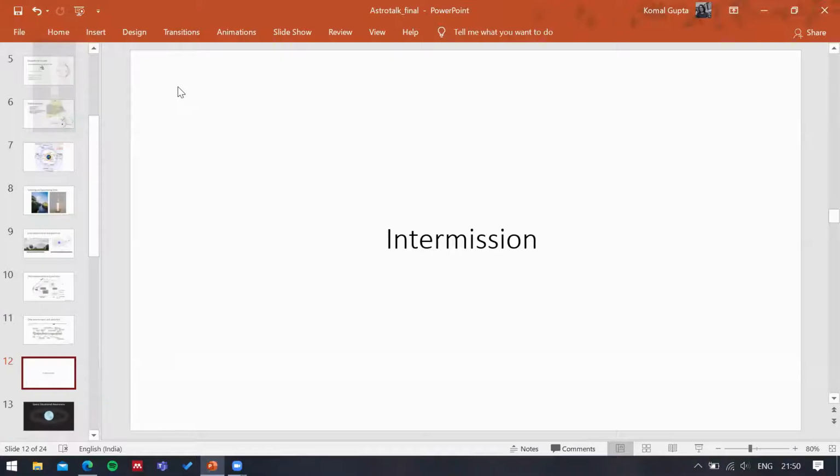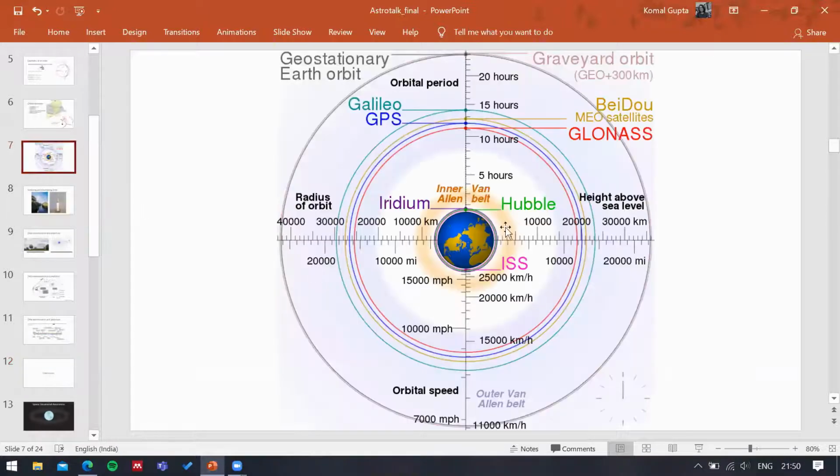What you can do is call out the name and the question. Sayam is asking, can you please explain the Van Allen belt? Sure. The Van Allen belt is a region in space with a large concentration of charged particles.